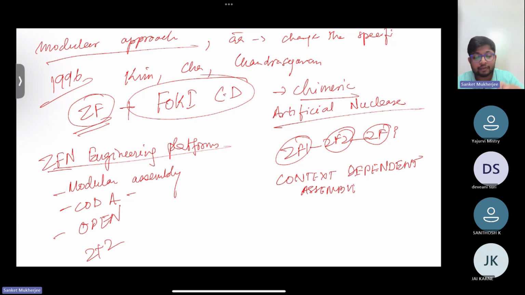So we know the efficiency, for example, that zinc finger 31 works best when it is paired with zinc finger 28. This kind of information is known, so it is a context dependent assembly. That is CODA.